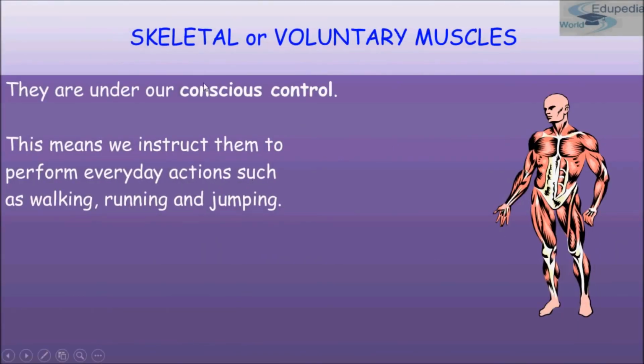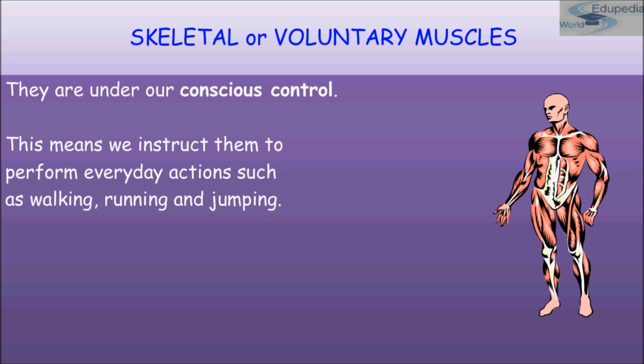So first is your skeletal or voluntary muscles. They are under our conscious control. This means we instruct them to perform everyday actions such as walking, running, and jumping, and they have a stripy appearance. In my next section of the presentation, you'll be studying in detail the skeletal muscle structure and functions, but here just know that these are the skeletal muscles, and they are closely associated with the skeletal components of the body, such as bones.